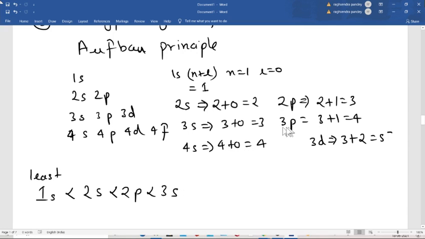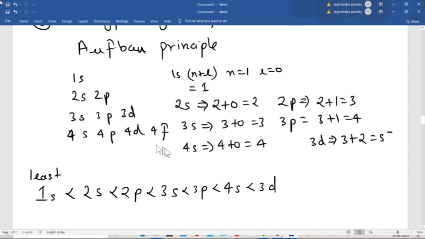Now between 3p and 4s we have to decide. Both have the same value, 4. The n value is lower for 3p, so 3p will come, then 4s. Then 3d has value 5, so 3d.